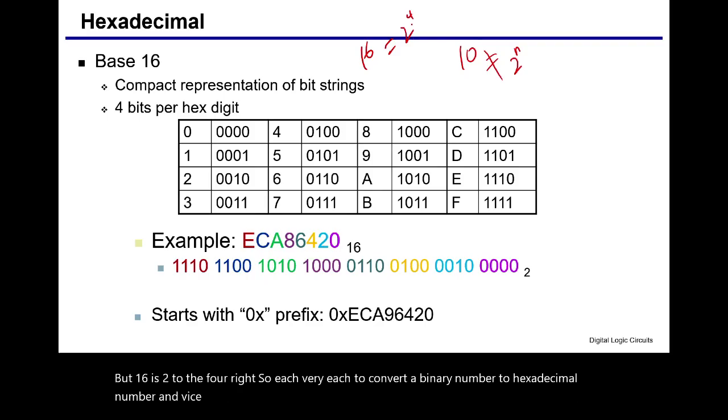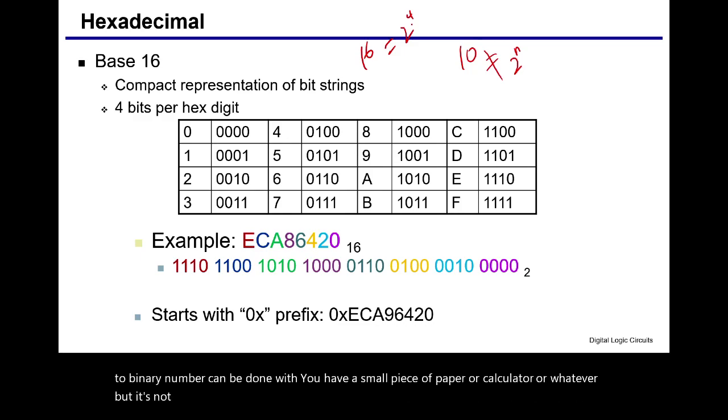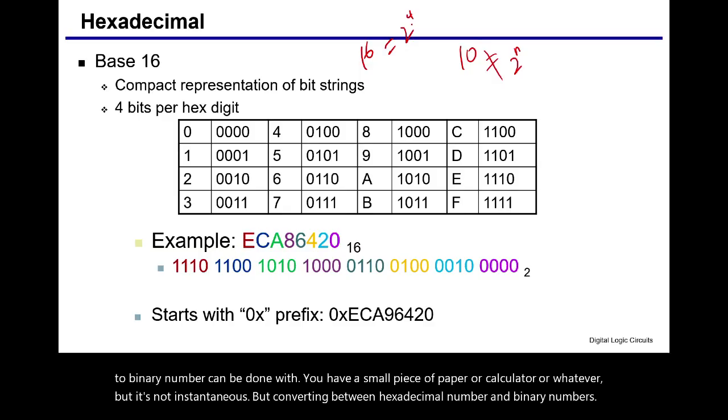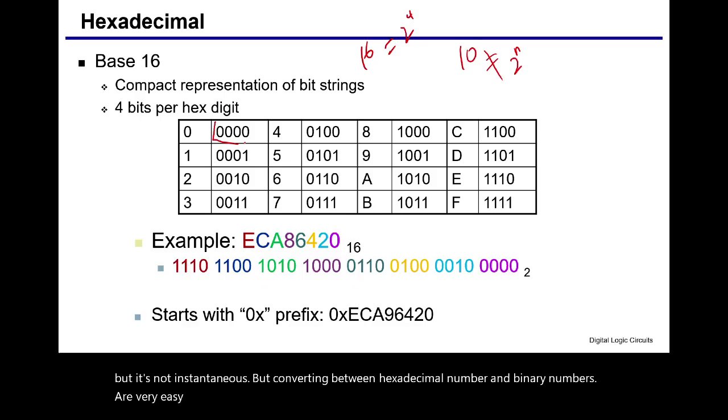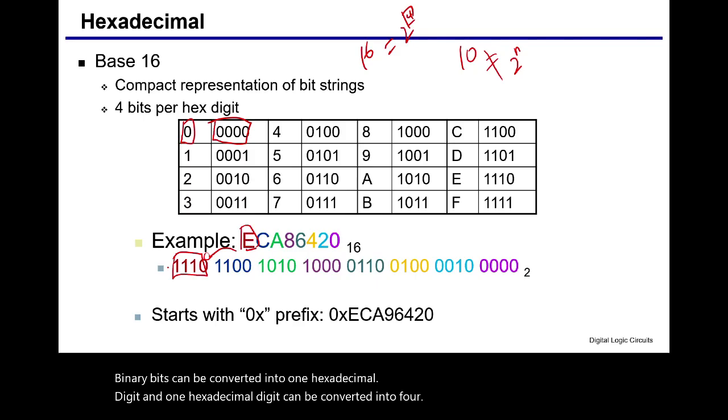Converting a binary number to a decimal number or a decimal number to a binary number can be done if you have a small piece of paper or a calculator, but it's not instantaneous. But converting between hexadecimal and binary numbers is very easy, because 4 binary bits can be converted into 1 hexadecimal digit, and 1 hexadecimal digit can be converted into 4 binary bits.